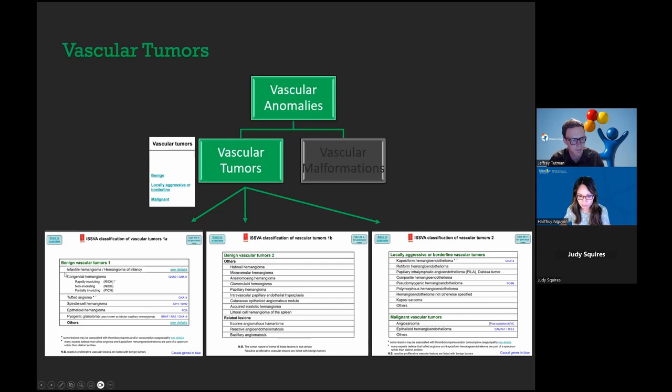In the interest of time, I'm going to concentrate on the ones we see most commonly, which are the infantile hemangioma, and I'll touch on congenital. We do occasionally see Kaposiform hemangioendothelioma, but they're pretty rare, and all these other things are pretty rare as well.